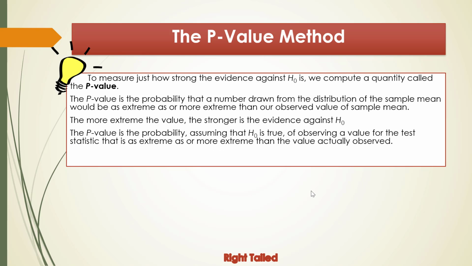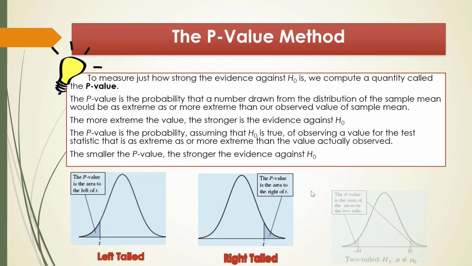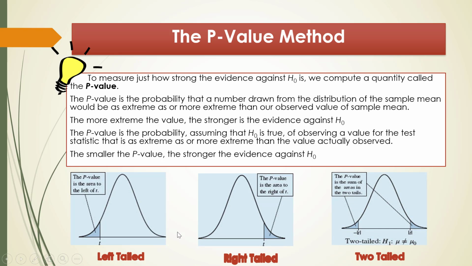The more extreme the value, the stronger the evidence against the null hypothesis. The p-value is the probability, assuming that the null hypothesis is true, of observing a value of the test statistic that is as extreme as or more extreme than the value actually observed. The smaller the p-value, the stronger the evidence against the null hypothesis.